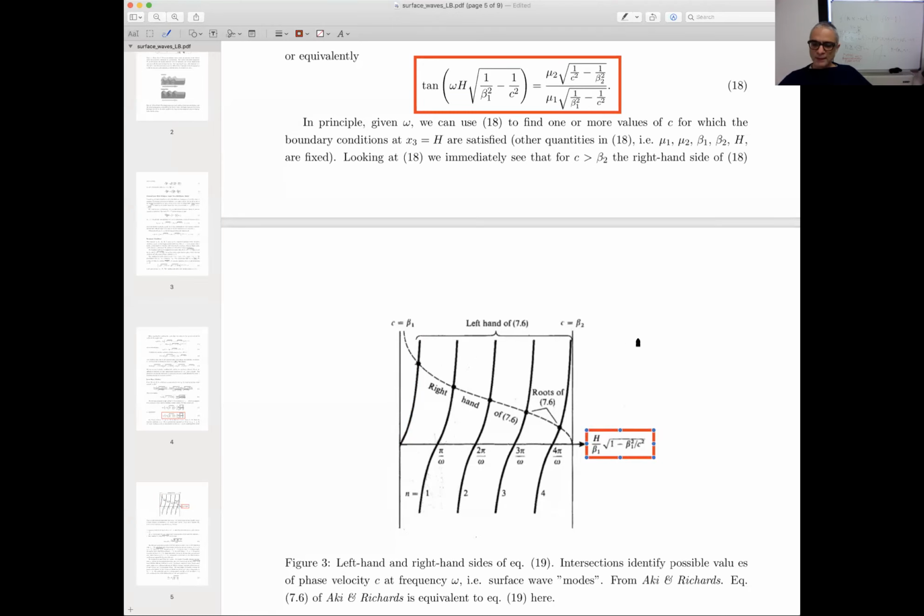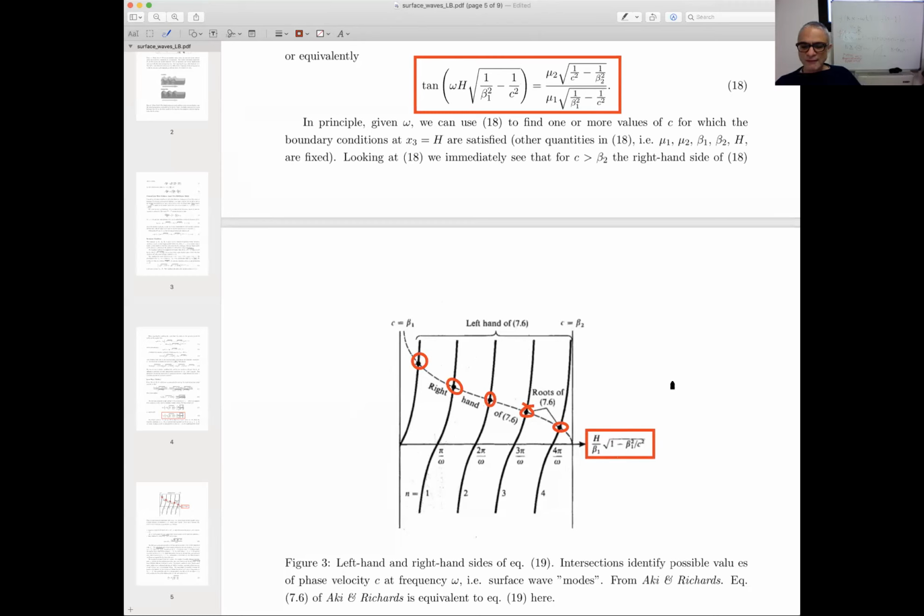The point of all this is that for the equation to be verified, the left-hand side and the right-hand side have to have the same value for a given argument of the left-hand side. So you only have solutions at the intersections of these two curves.